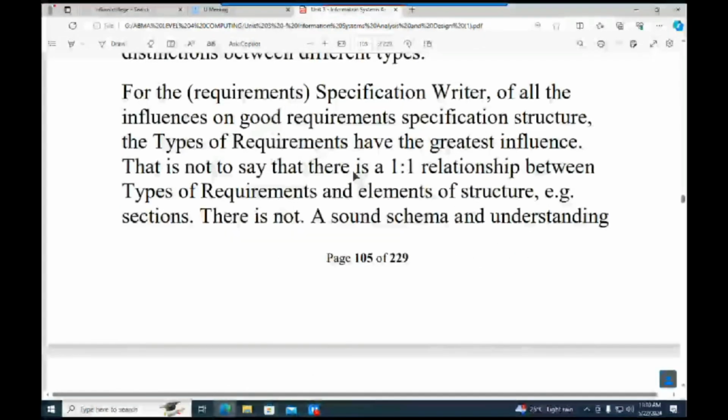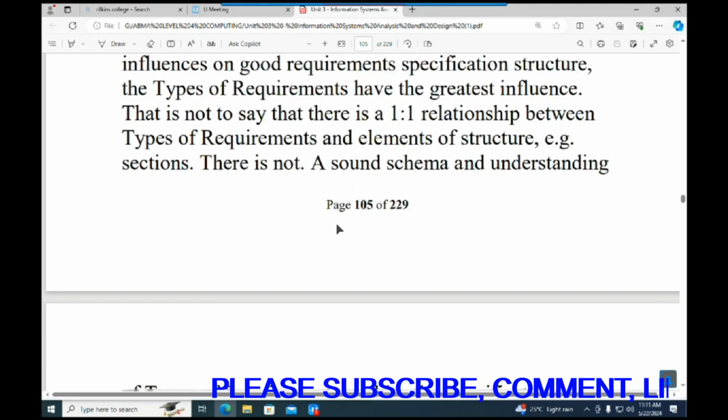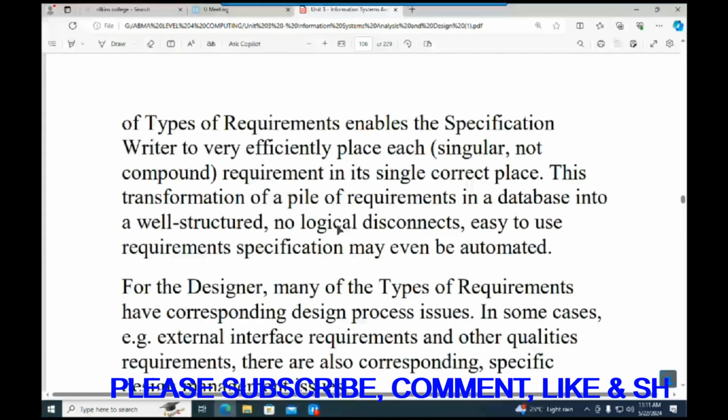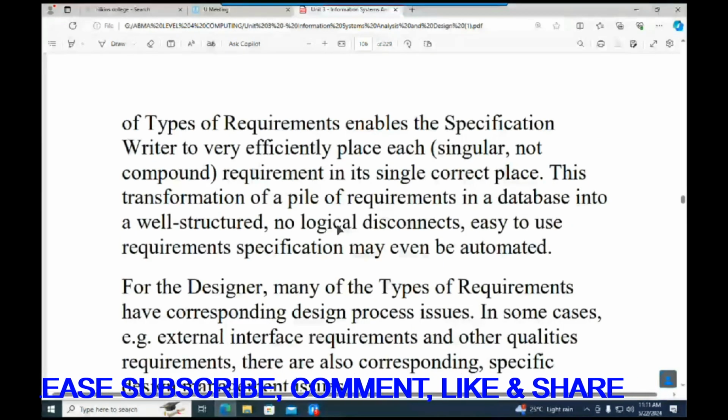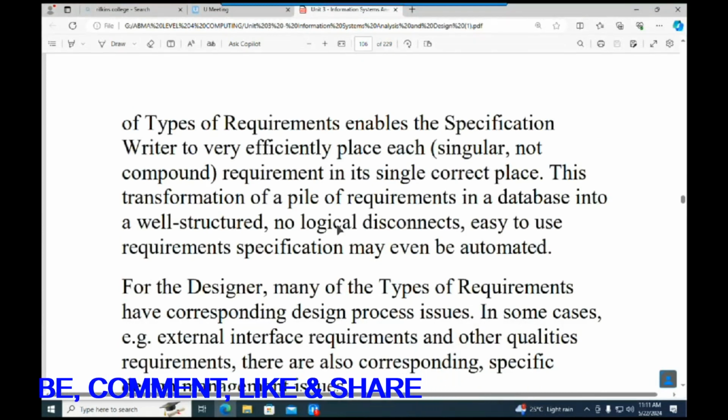Now, to the specification writer, we have all the influences on good requirements and specification. Both structure and the type of requirements will be of great influence. Okay. It is not to mean the relationship between those types of requirements and the elements of the structure, but we are basically talking about the type of requirements that are going to enable the specification writer to be efficient.